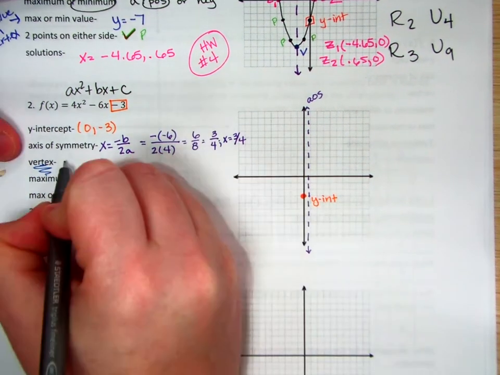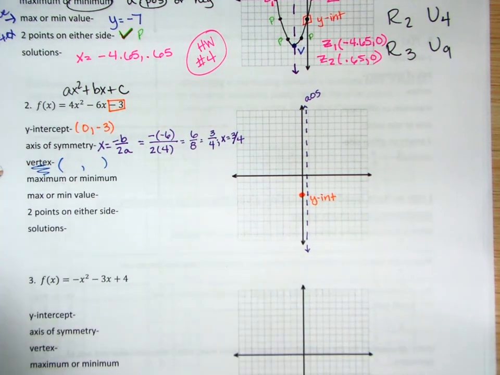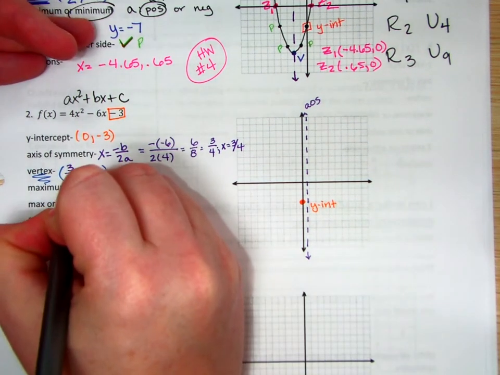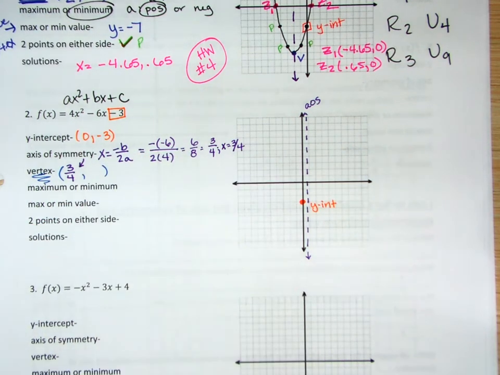The next thing we have is your vertex. That's in blue, but remember your vertex is built on your axis of symmetry. So the x value of your vertex is from your axis of symmetry. And then I'm going to plug it in my calculator to find it.